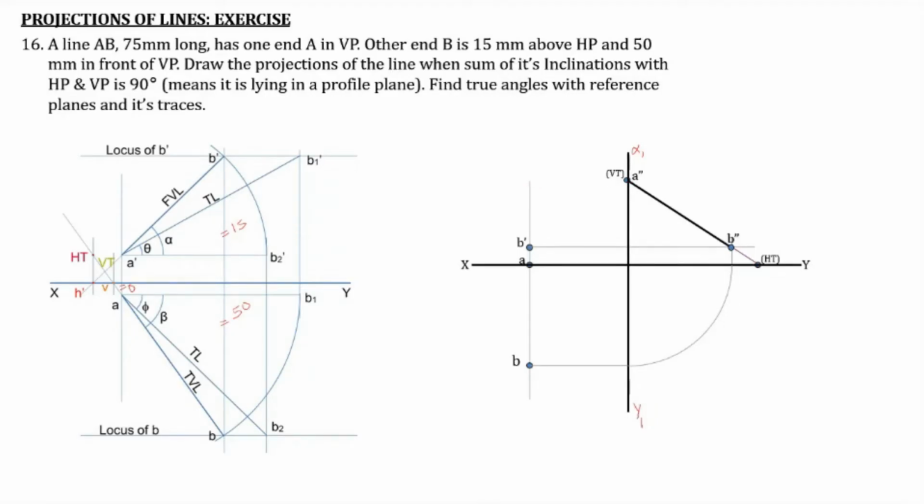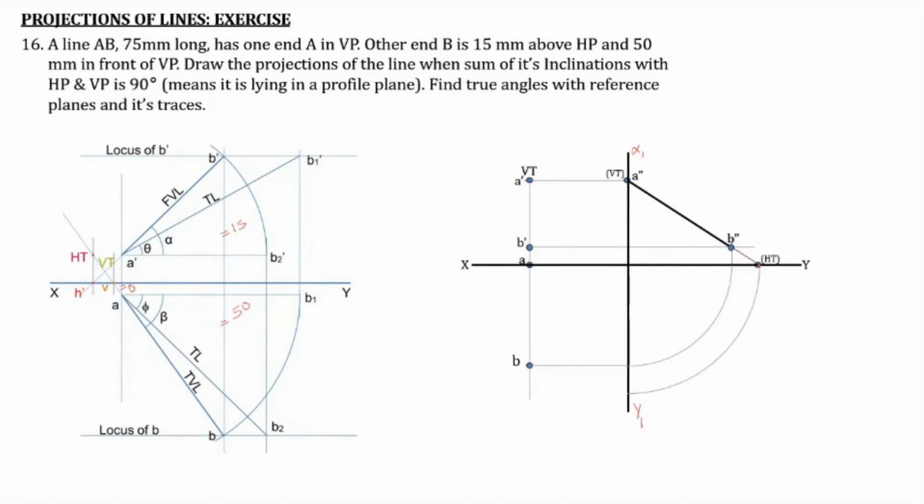So through the point A double dash, we draw the locus of A dash, which intersects with the projector through A, B as well as B dash. That particular point is now A dash. Now you can join A dash and B dash, and A and B.